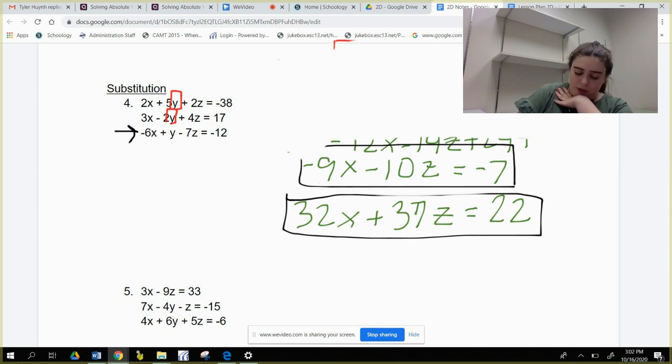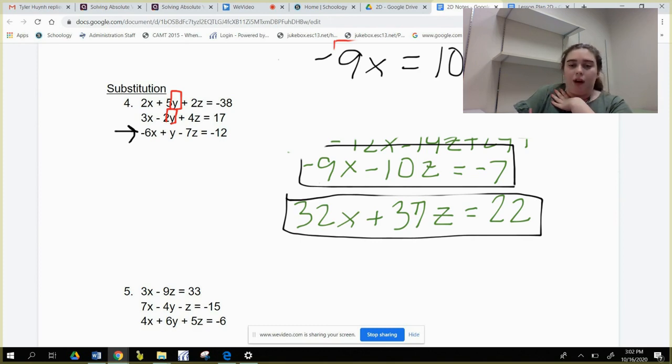So what we're going to have to do first is move that negative 10z to the other side. So now it's going to be negative 9x equals 10z minus 7. Then we divide both sides by negative 9. So we have x equals 10z minus 7 over negative 9.